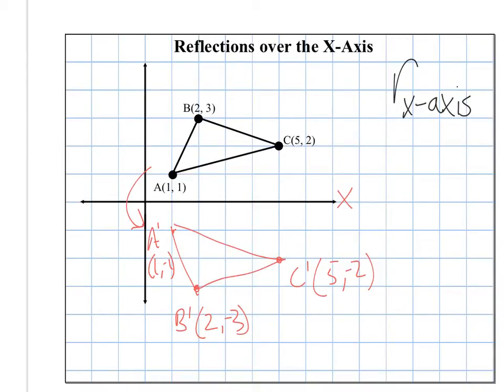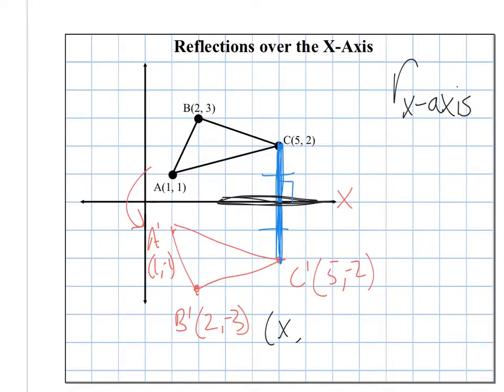Okay. Really quickly, just to comment on what I was talking about before, again, if I connect corresponding points, that blue line, just notice the relationship between the blue line and the x-axis right here. Notice that that blue line is getting bisected, and it's also perpendicular. Again, we'll touch more on that in class. For this, we'll do a general rule for a reflection in the x-axis.